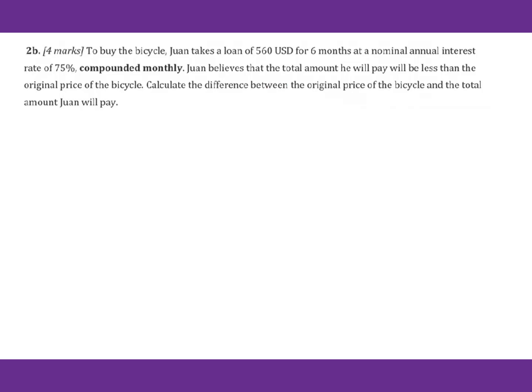Let's go to 2B. To buy the bicycle, Huang takes a loan of $560 USD for 6 months. Nominal annual interest rate of 75% compounded monthly. Huang believes that the total amount he will pay will be less than the original price of the bicycle.